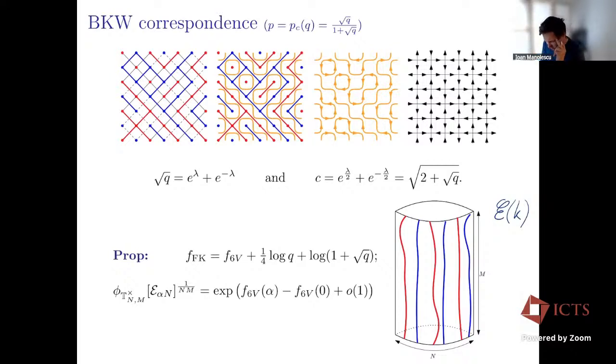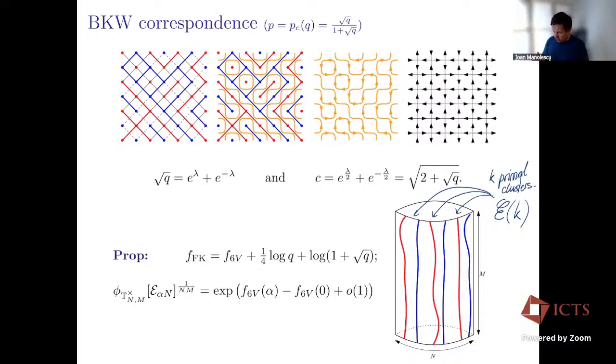So E_k is the event that there are k red clusters, so k primal clusters, that wind around the torus vertically. The torus is going to be very long vertically, so it's basically like a cylinder. You can think about it as a cylinder.